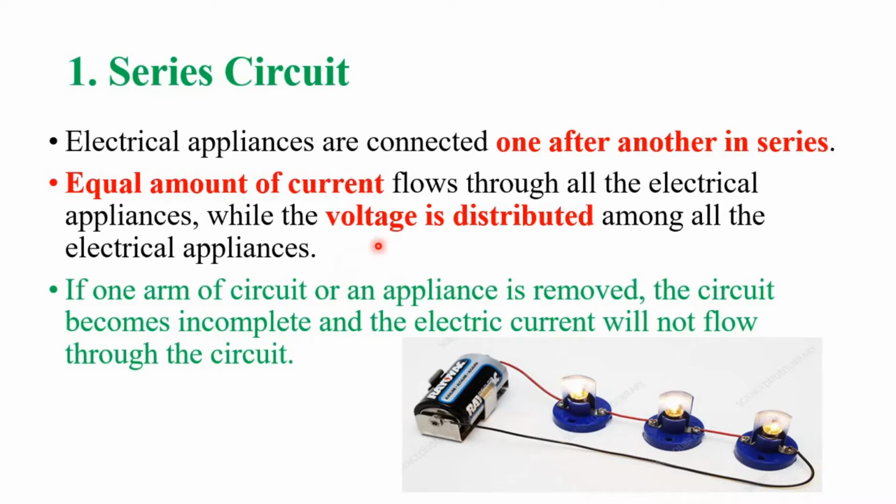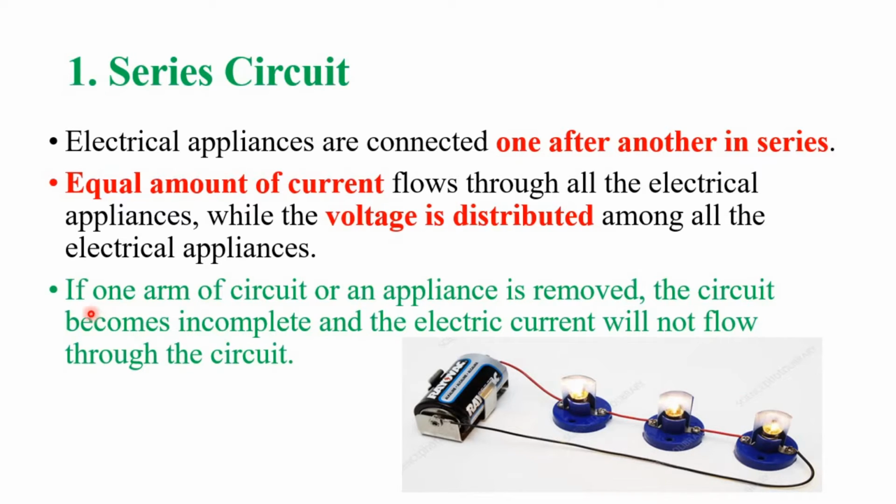But the voltage, or the force, is distributed among all the appliances. We have three appliances here, and the voltage that helps the current to flow will be distributed among these three.